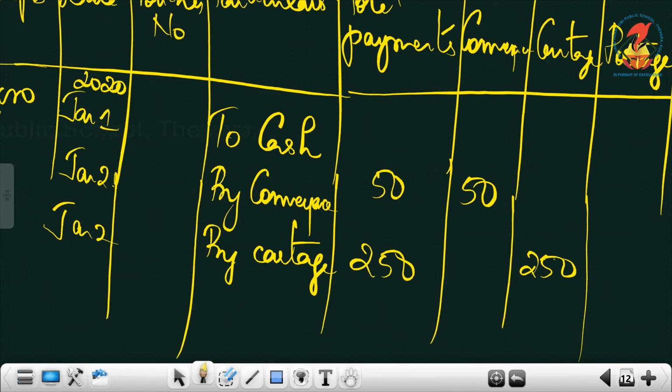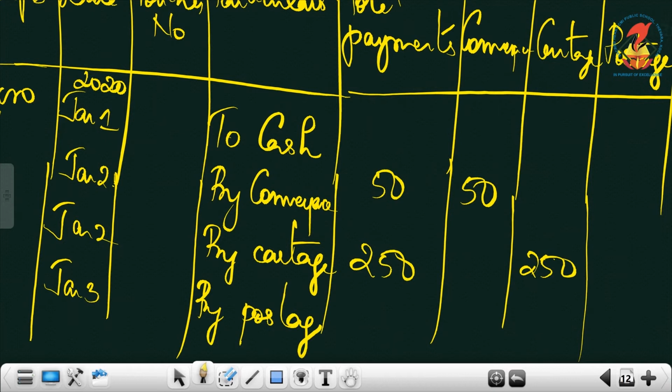Then the next one is on Jan 3rd. All these will not appear in receipts. Jan 3rd By Postage. By Postage the amount is 500. In total payments, again in postage you have to write specifically.